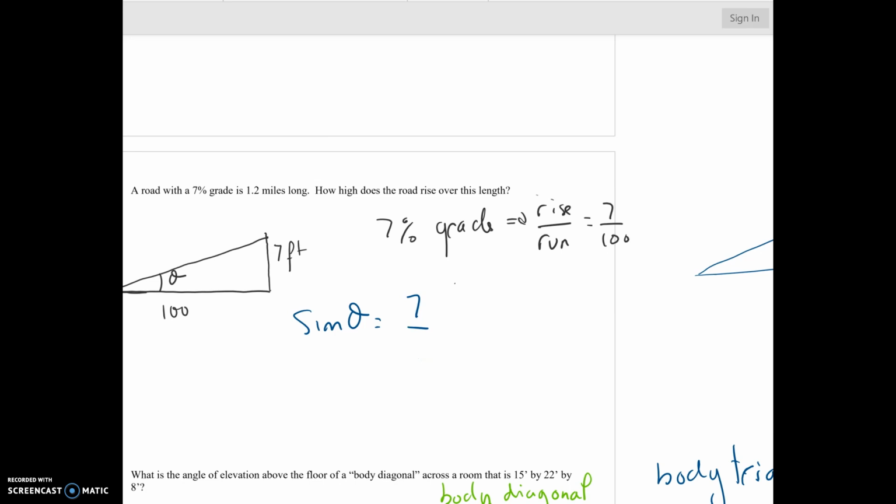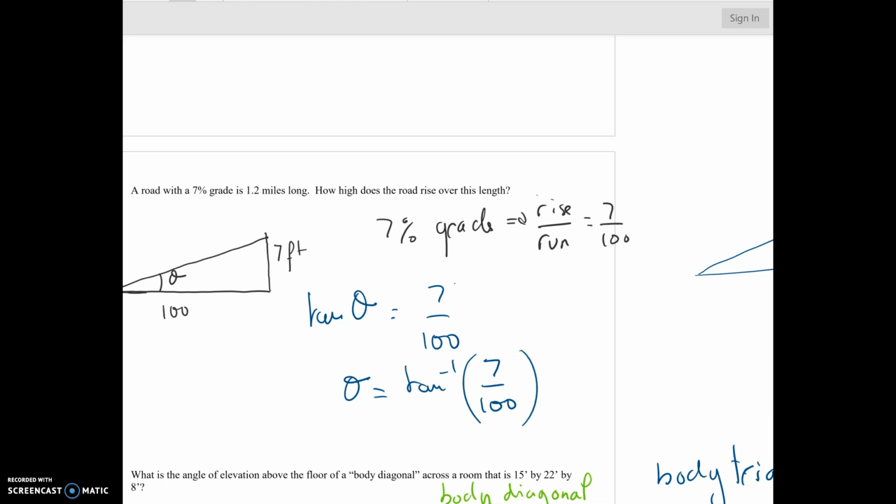Actually, it's not sine, it's tangent. Tangent theta is equal to 7 divided by 100, and I'm looking for sine theta, so what I'm going to do is express theta as tangent to the negative 1 of 7 over 100.